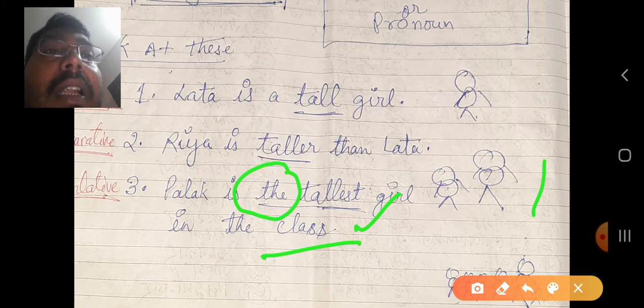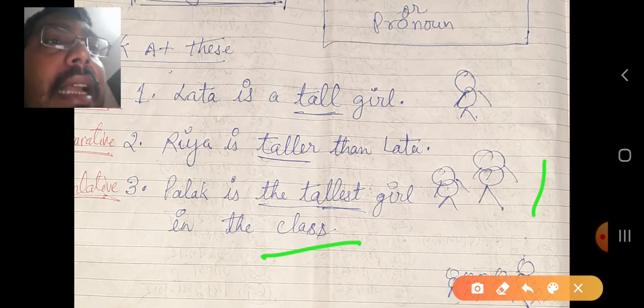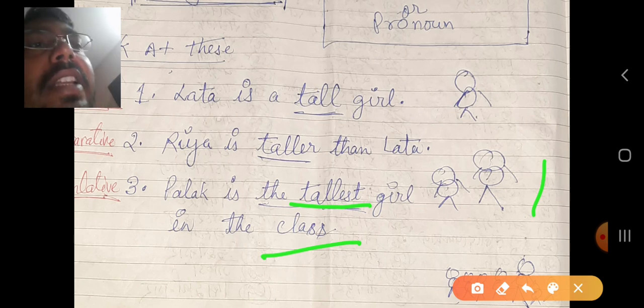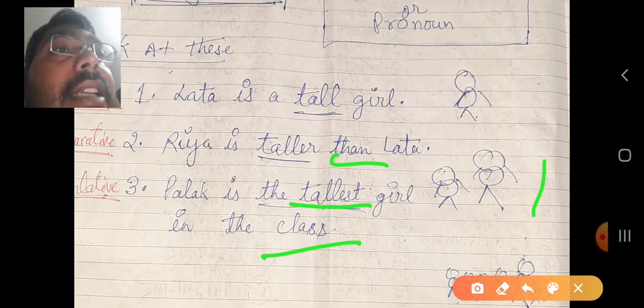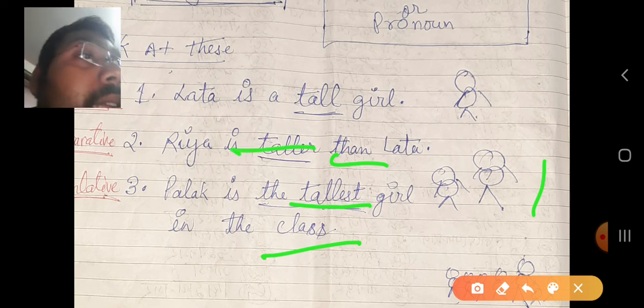So while solving the exercises, if THE is coming and after THE there is a blank to fill, you can easily understand that we need to fill in the superlative degree, because THE comes only with the superlative degree. And if THAN comes, you can easily understand that it comes with the comparative degree, so we need to fill the comparative degree here.